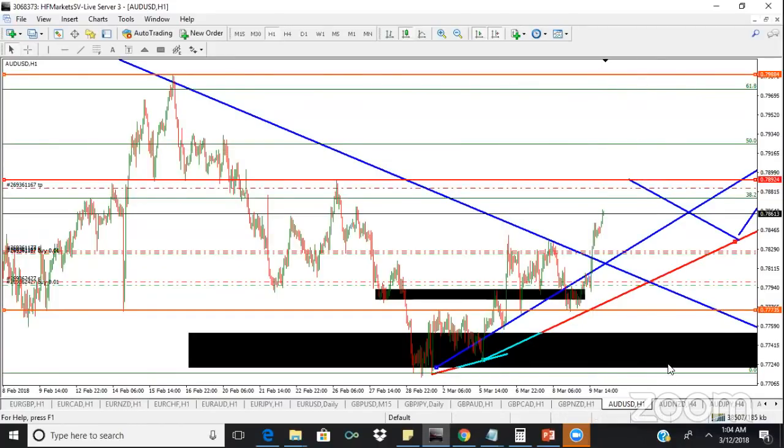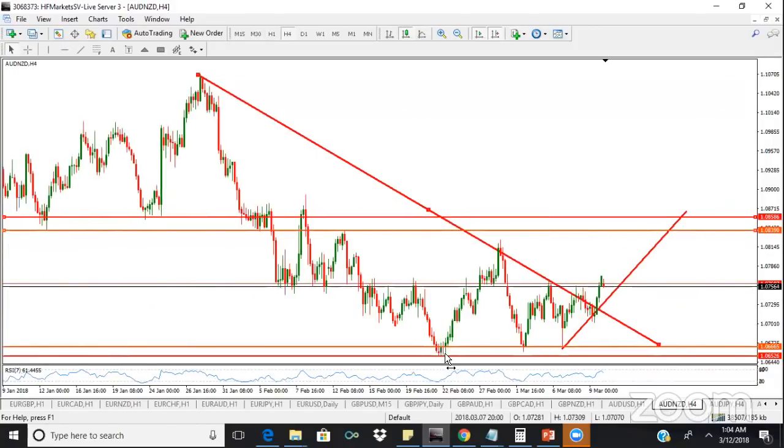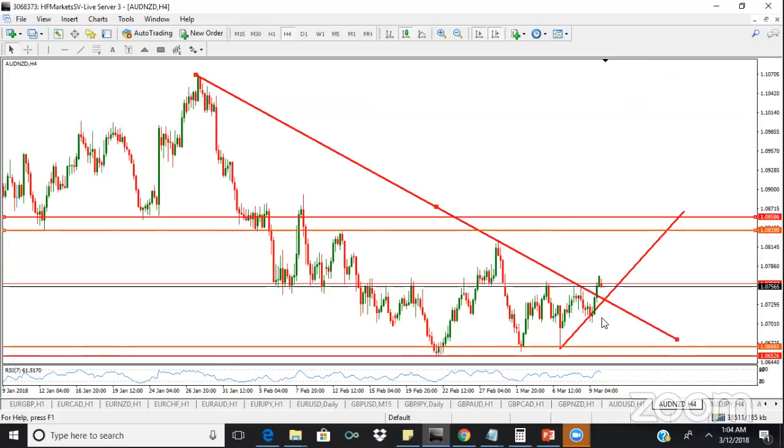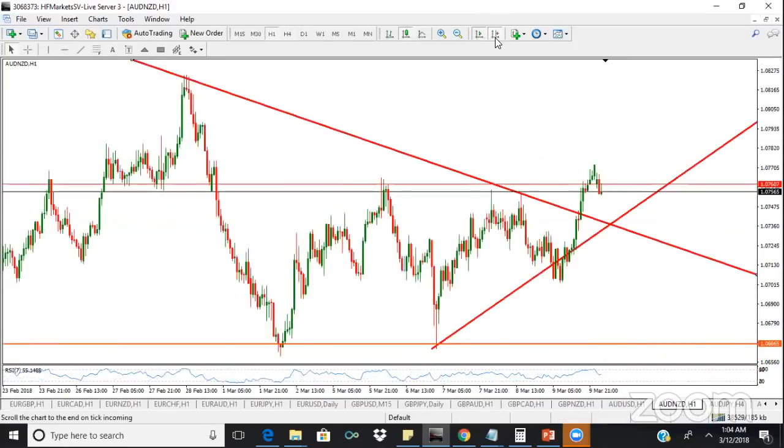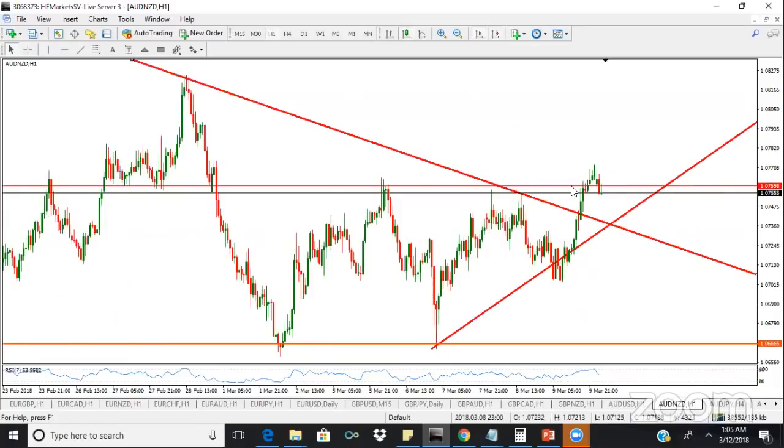So what it means is that you wait for a pullback on 1 hour, which has happened already. Wait for a pullback, which is already happening.